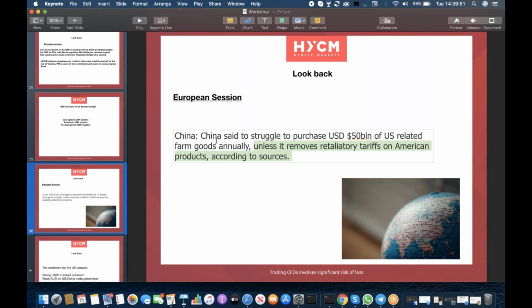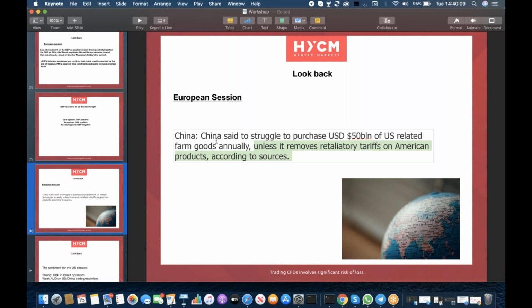So, more slightly negative headlines. You're trying to work out the detail. It's kind of like they're trying to work it out after the event. Now, it's good news that they want to purchase that amount of farm goods, but as we've seen, how realistic is that?